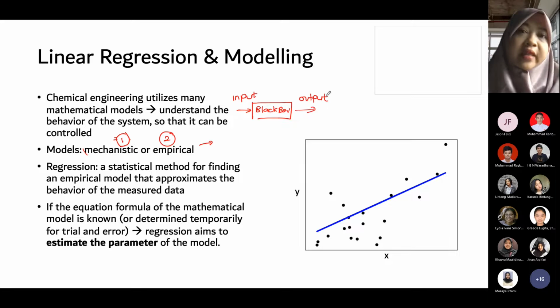For example, in the chemical engineering lab, I ask my students to check the correlation between the flow, the Q, or the flow rate of the water coming out from the water valve, and the valve opening.